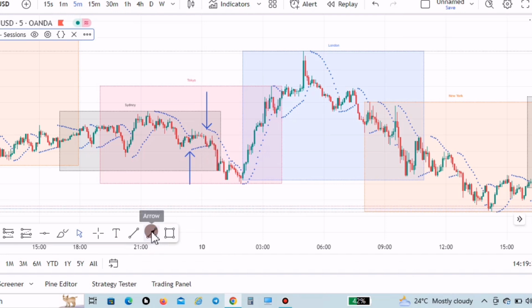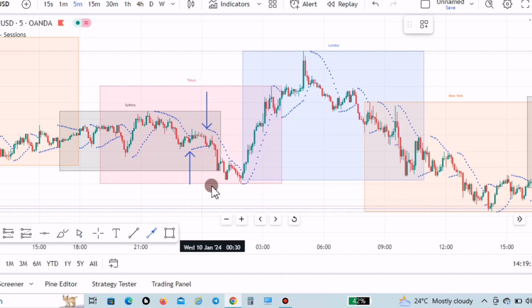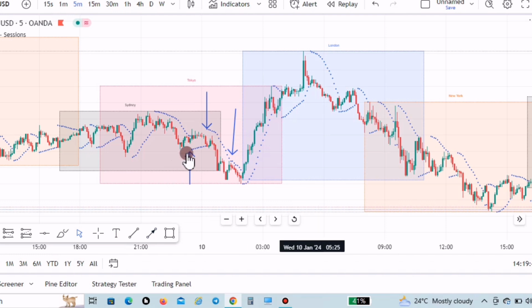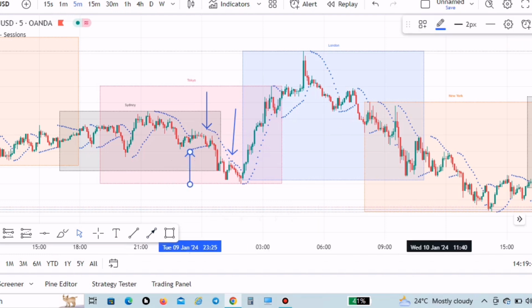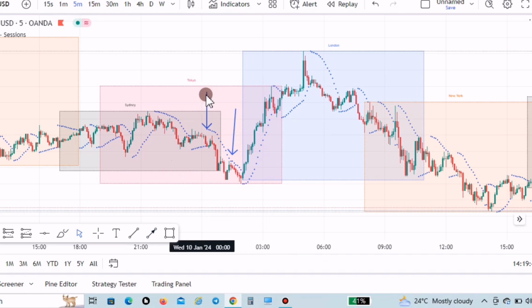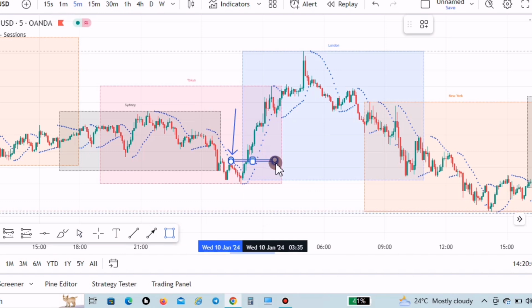If you take a very close look, the last dotted line before the London session starts right where the arrow is pointing. Let me remove these arrows. I'm going to take it slowly so that you understand. Right where the arrow is pointing, there is a dotted line that starts there and then moves to the right. So what you do is you mark like that.